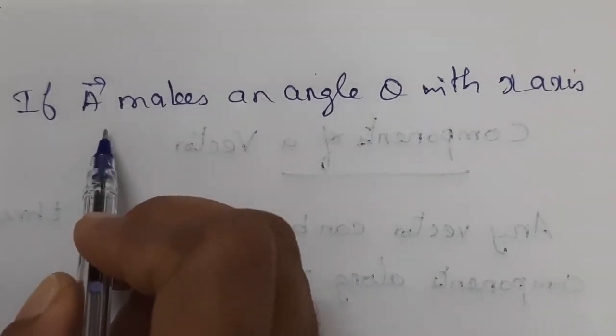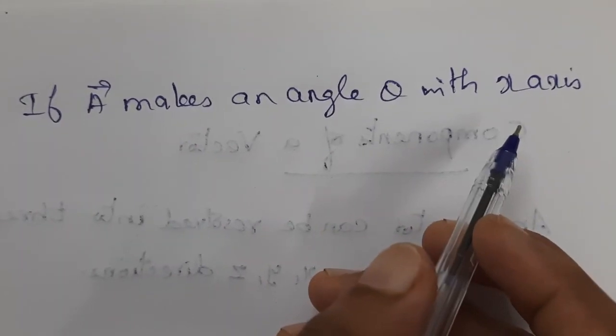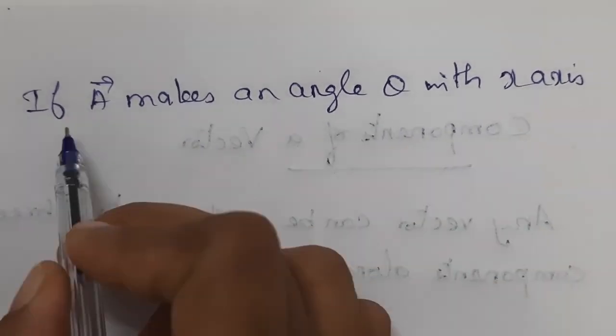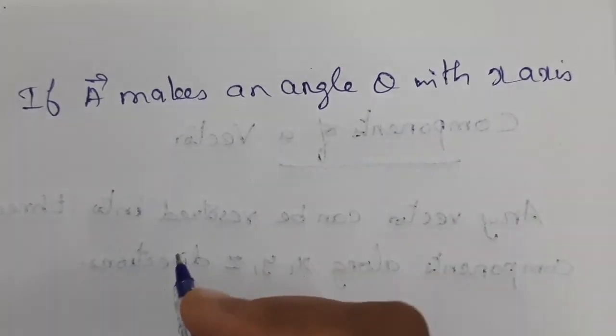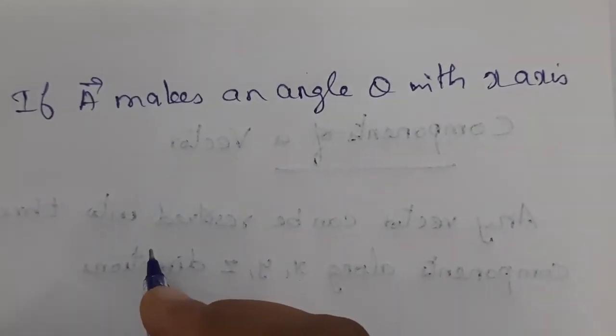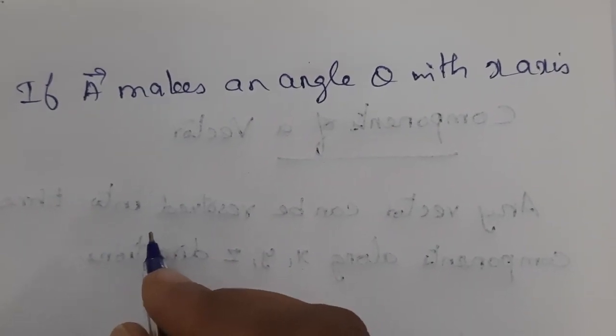If A vector makes an angle theta with the x-axis, ax and ay are the components of A vector along the x and y axis.